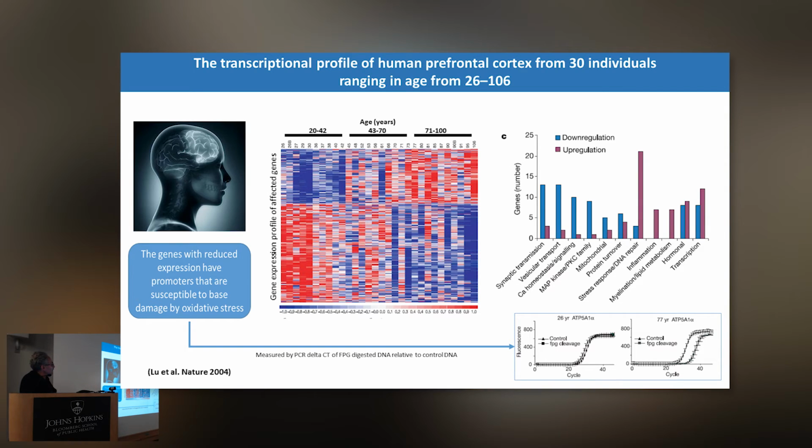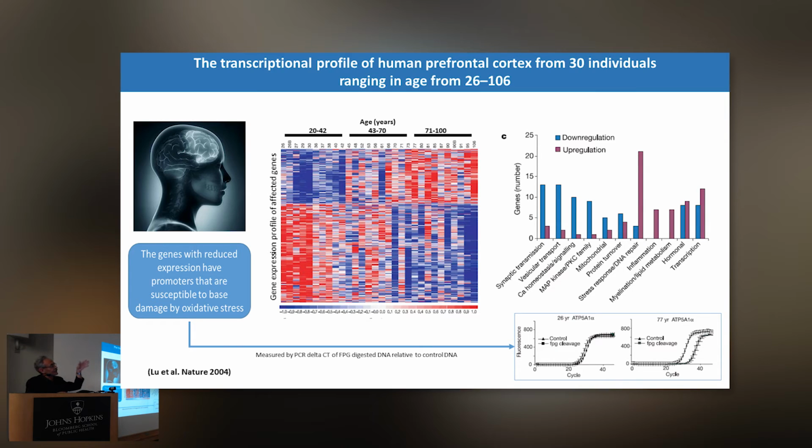You might be wondering how they measured oxidation in the promoter. It's actually relatively simple to do by PCR. What you need to do is amplify the DNA in the region of the promoter, but you treat the DNA with an enzyme called FPG. This is a glycosylase, which basically identifies the oxidized base. There may be other base lesions because FPG is not so specific to oxidation, but you could use HOGG1 instead.